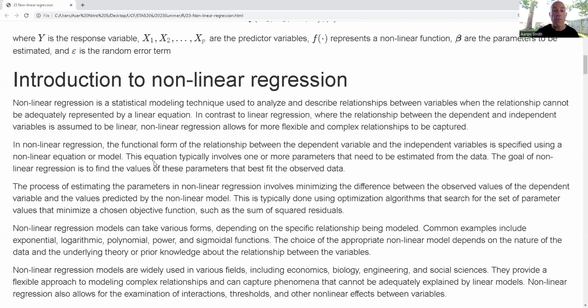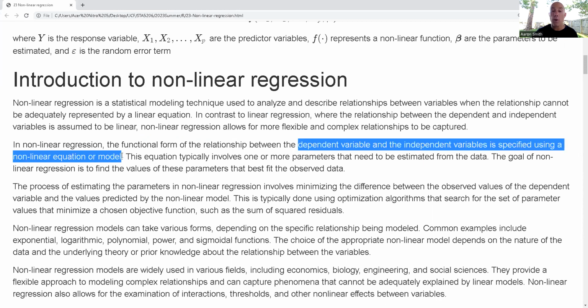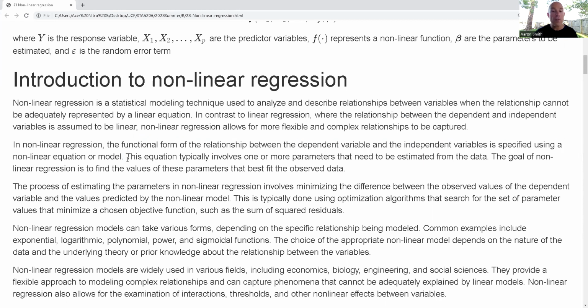In nonlinear regression, the functional form of the relationship between the dependent variable and the independent variables is specified using a nonlinear equation or a model. This equation typically involves one or more parameters that need to be estimated from the data. The goal of nonlinear regression is to find the values of the parameters that best fit the observed data. It's basically what we've been doing with linear regression all this time.